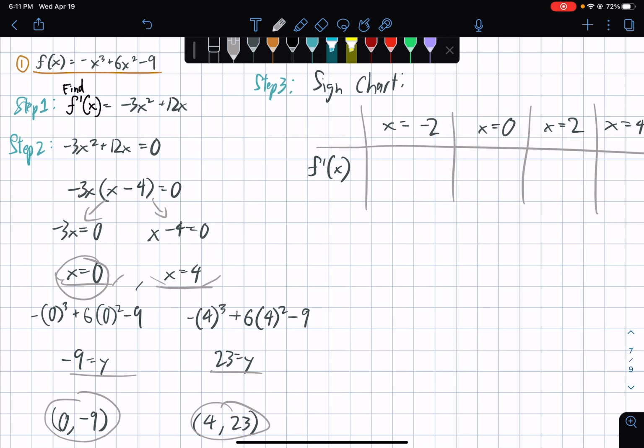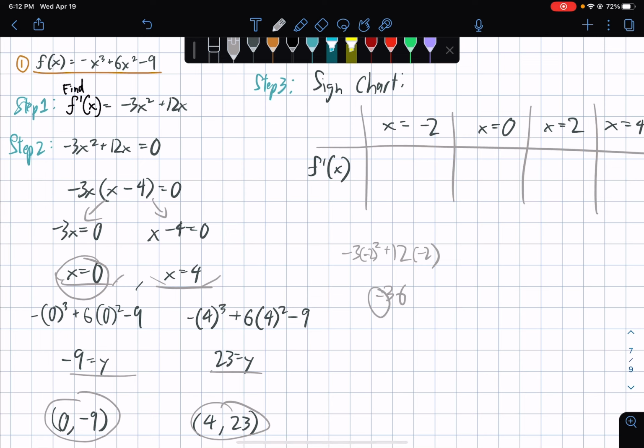So this time we want to sub x using the expression of the derivative, not this one. So negative 3x raised to 2 plus 12x given x equal to negative 2. So we get negative 3 times negative 2 raised to 2 plus 12 times negative 2, negative 36.